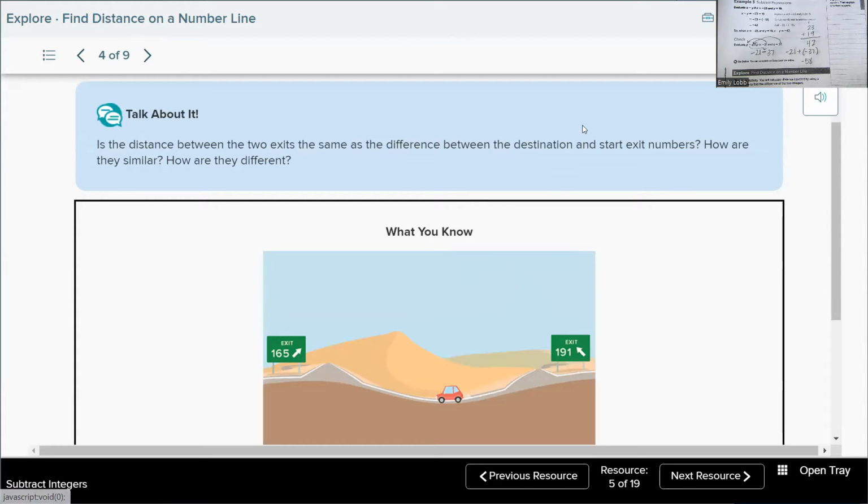But they might be a little bit different. So if I said 165 minus 191, if I subtract the bigger number from a smaller number, my answer is going to be negative. So how could we show a negative answer as a distance? Can you think about anything we've been doing with our negatives?